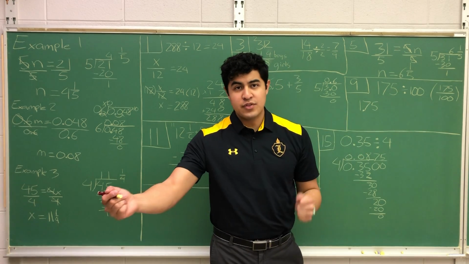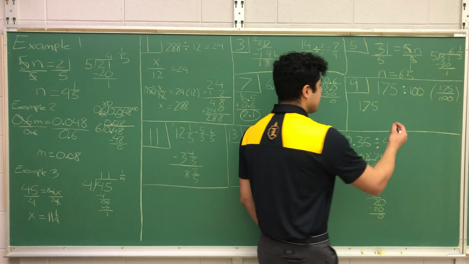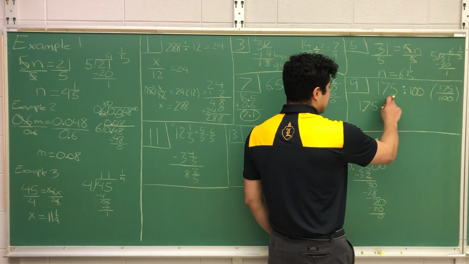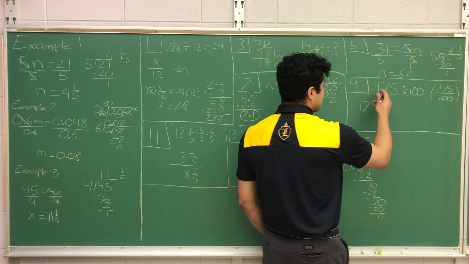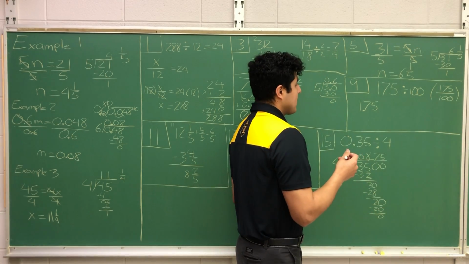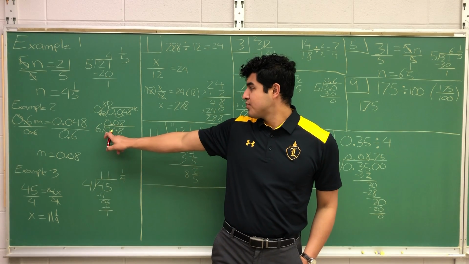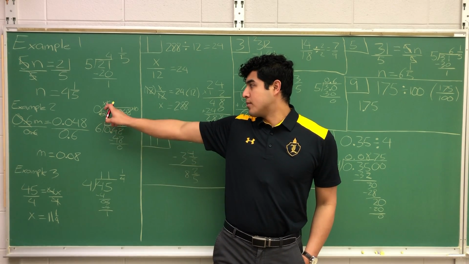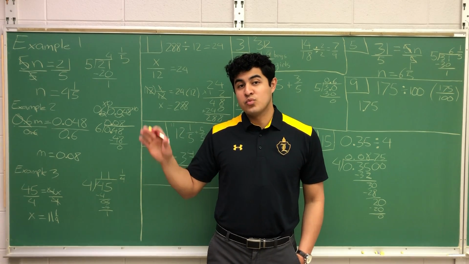I could write out the whole division problem, or I could simply do what we've been practicing. When we divide a number by 100 or by 10, all we have to do is move the decimal point over however many zeros there are. When we multiply by 10 or by 100 or by 1,000, we move the decimal point to the right.